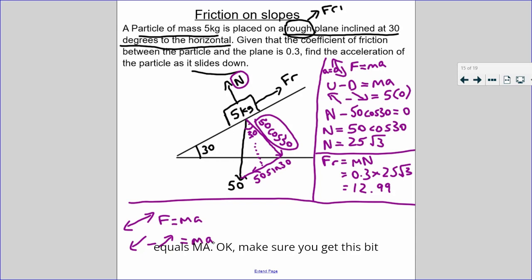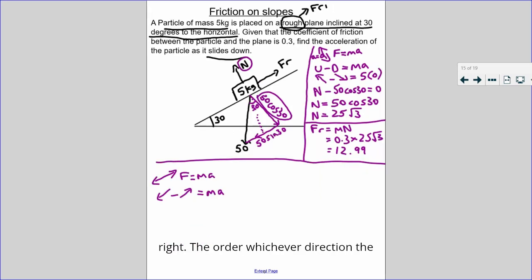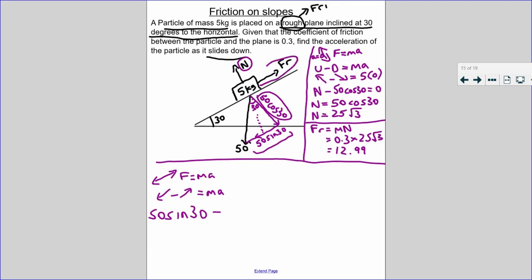Make sure you get this bit right, the order. Whichever direction the particle is traveling in, that direction comes first. Because it's going down, we will have down first. Going down, we have one force, which is 50 sine 30. And going up, we have the friction.